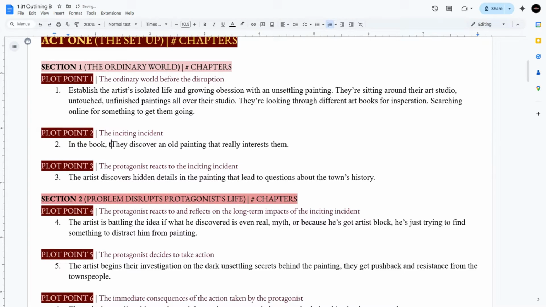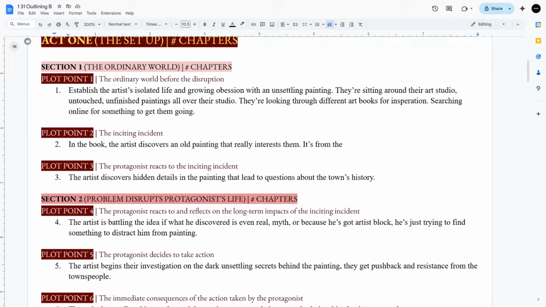In the book, the artist discovers an old painting, right? And maybe I would explain the painting. I don't know when that is, Renaissance era. What is that? The 1400s?